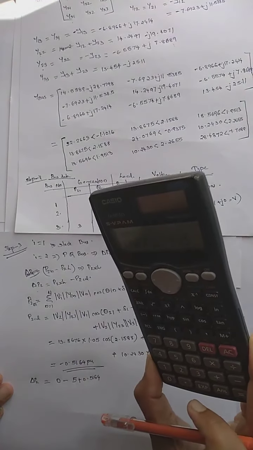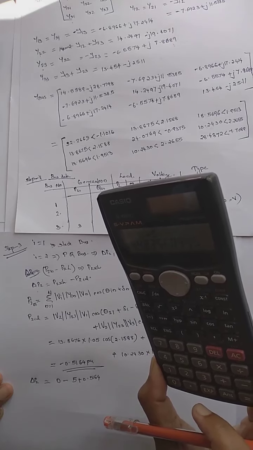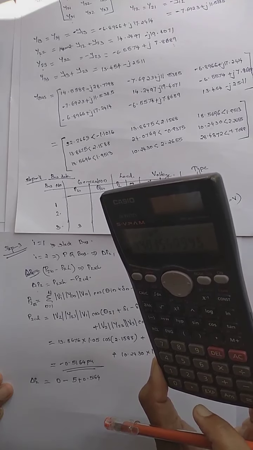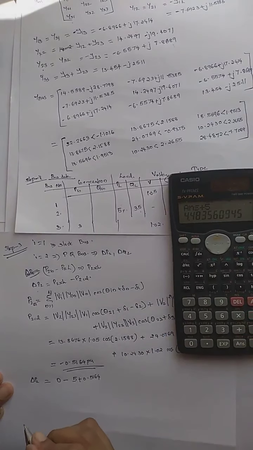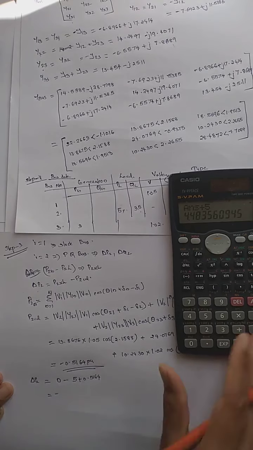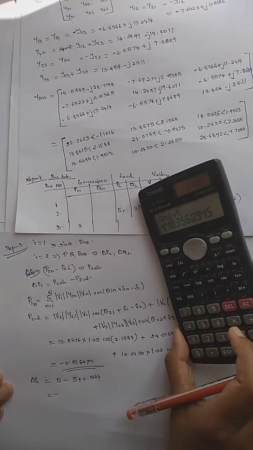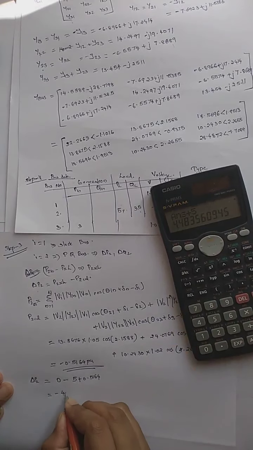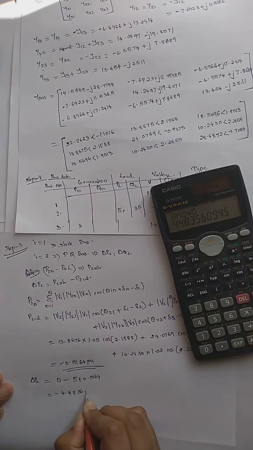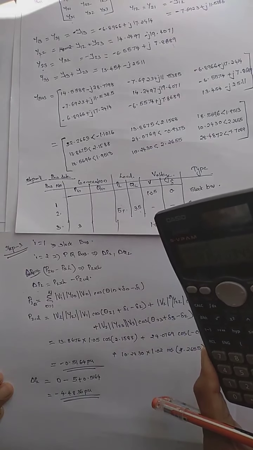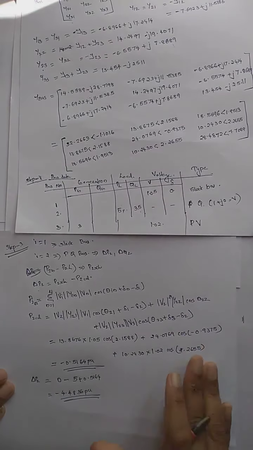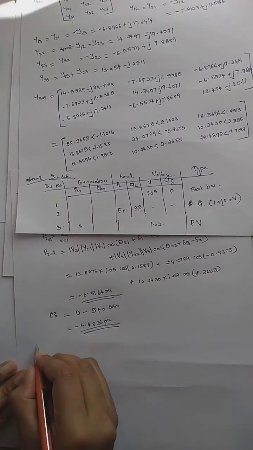So the value is 4.4835, isn't it? So that is equal to minus 4.4836 per unit. So this is my delta P2.